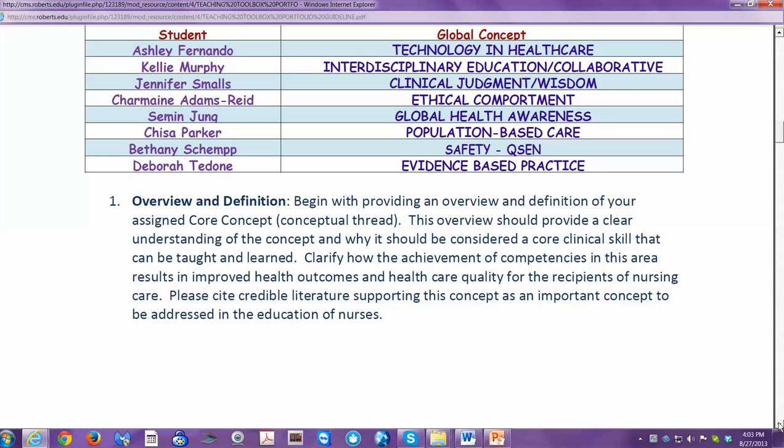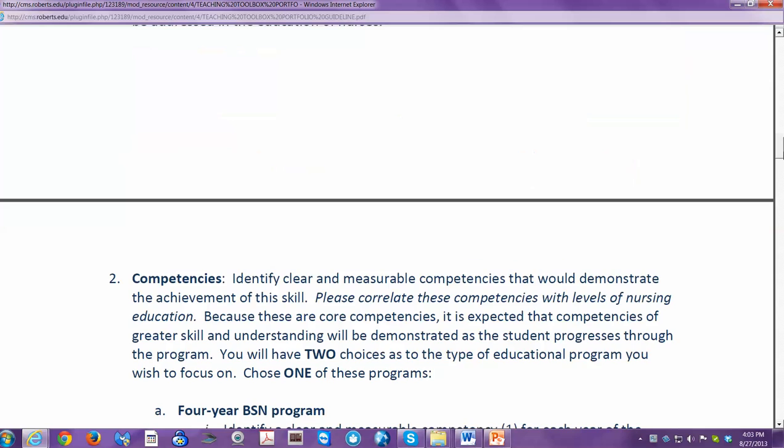Please discuss how the achievement of competencies in your area would lead to improved health outcomes and health care quality. Also, be sure you cite credible sources. So that's your first page for this.